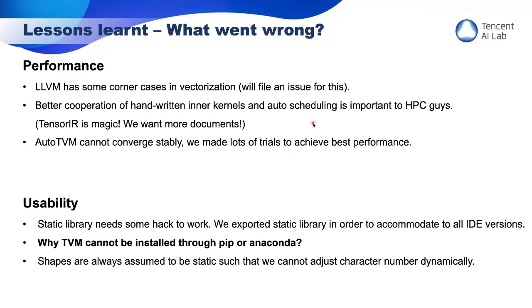We have already noticed the newly released TensorRT, and we think it is magic, and we want to see more documents, and we want to contribute more examples. And the third bad thing is that AutoTVM cannot converge stably. That means we have to make lots of trials to achieve the best performance. In our case, we spent about 3 weeks to achieve such good performance.